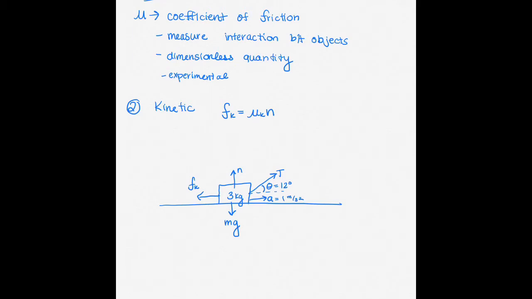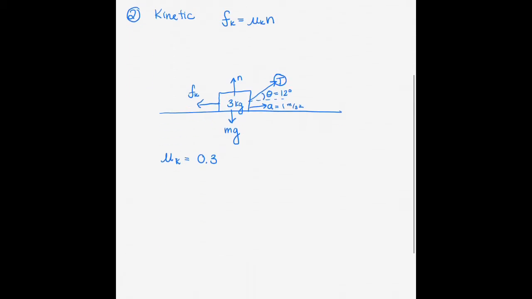So in order to solve for the tension, we need to find the x and y components. So here we are given that mu k is equal to 0.3, which is the coefficient of friction, and we want to find the tension. So the x component and the y component are going to be F net equals ma, times the acceleration in that component.